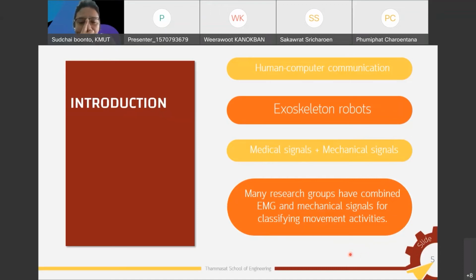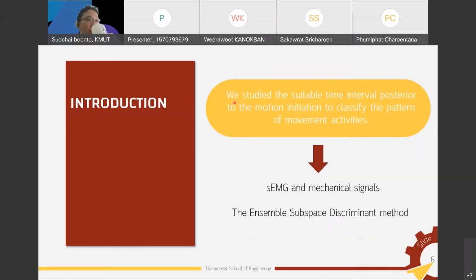Many research groups have combined SEMG and mechanical signals for classifying movement activities. We studied the suitable time interval, from posture to the motion initiation, to classify the pattern of movement activity. The studied features were extracted from SEMG and mechanical signals.